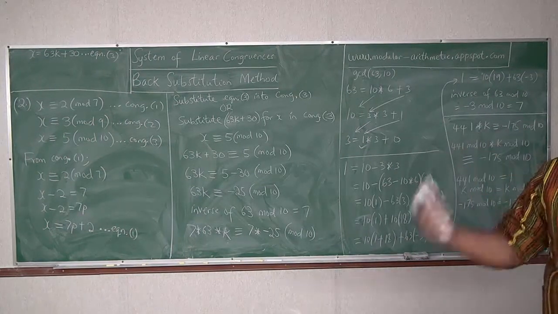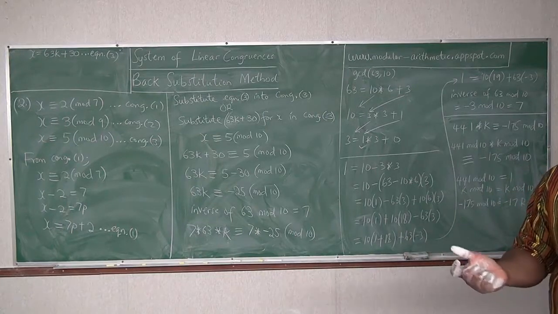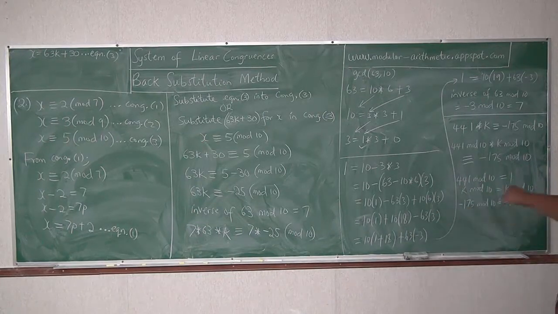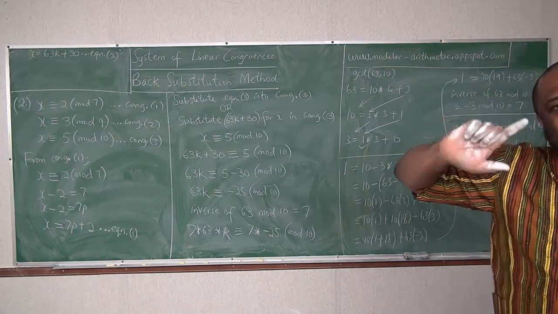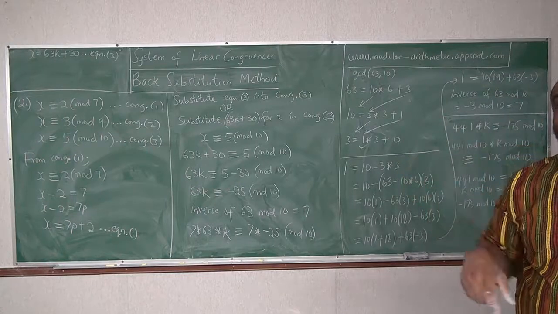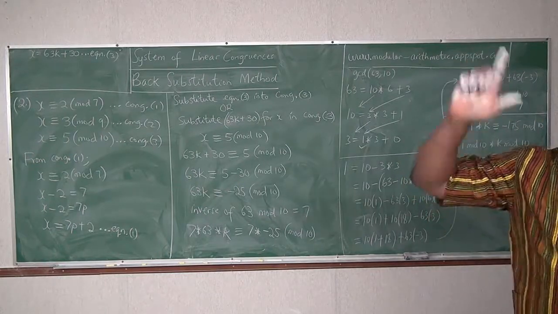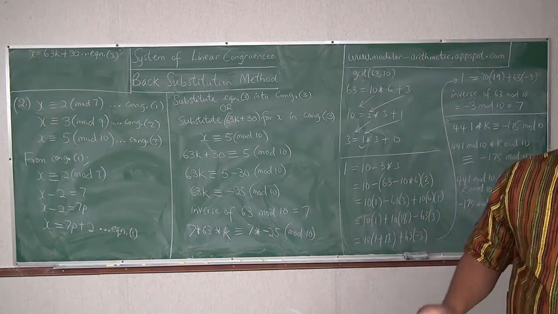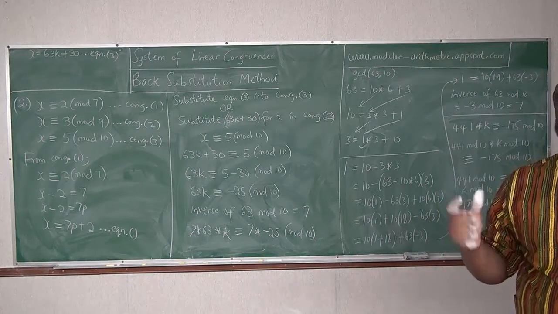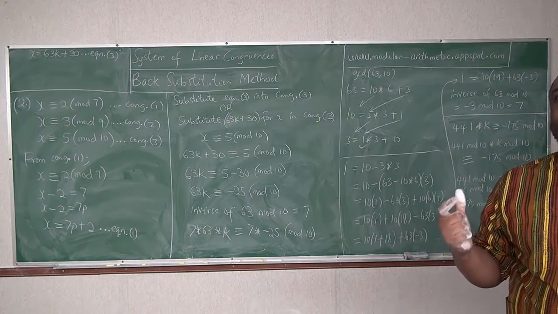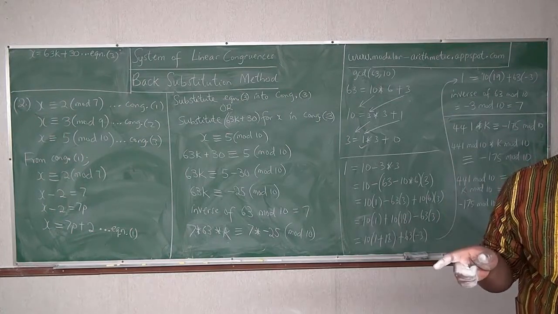Negative 17 times 10 is negative 170, minus 5, negative 175. However, we don't want a remainder that is negative. Remember that. In the videos we did, we do not want a negative remainder. The quotient can be negative, but the remainder should not be negative.